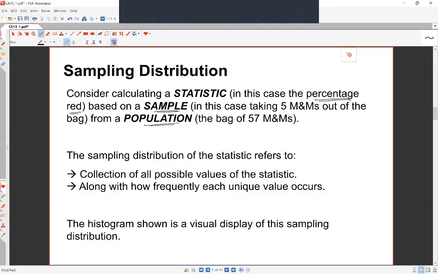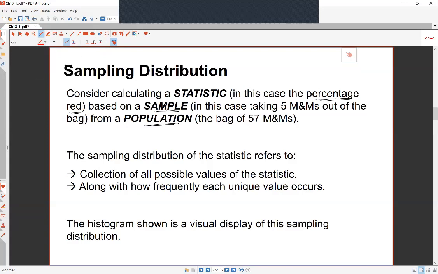Again, if you'll remember, a few slides ago, I tabulated different possible outcomes, and each of those corresponded to a different value of the statistic, or a different value for the percentage red. So if I talk about the sampling distribution, I am referring to 2 quantities jointly.